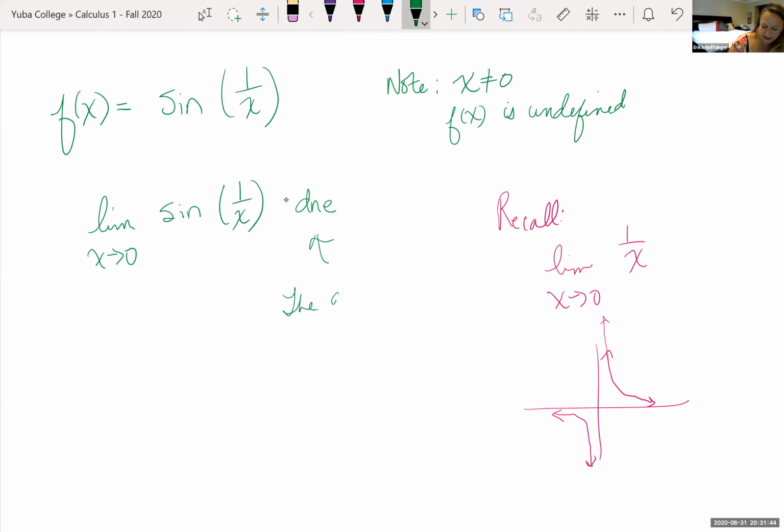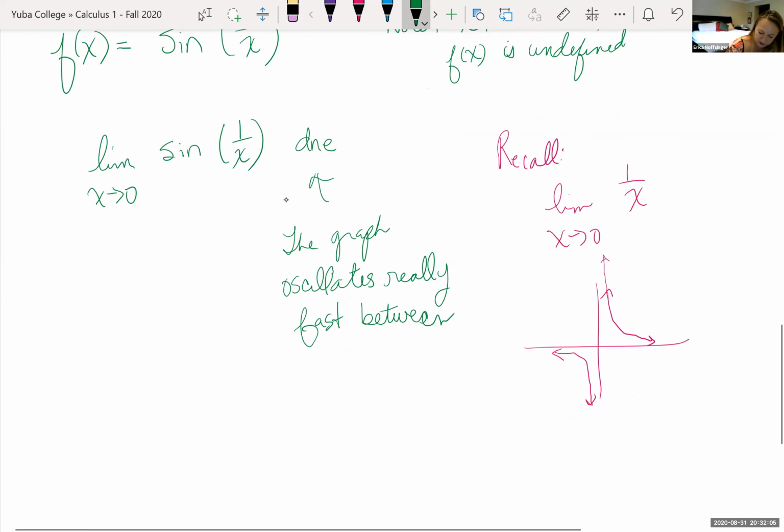The graph oscillates really fast between -1 and 1, or y equals -1 and 1. Therefore, the triangle made with the dots is another way to write "therefore": the limit doesn't exist.